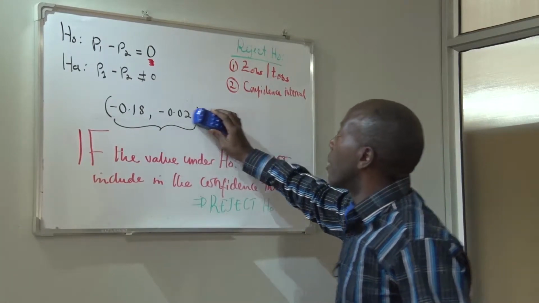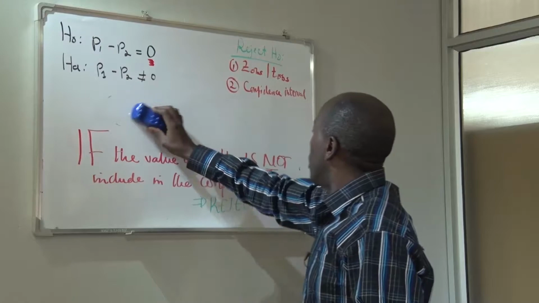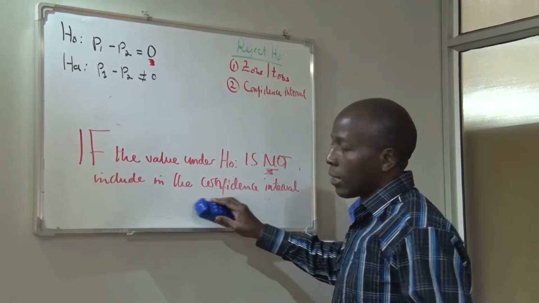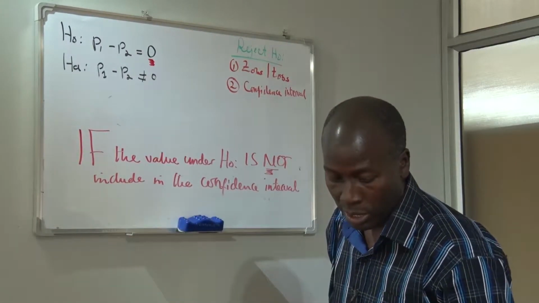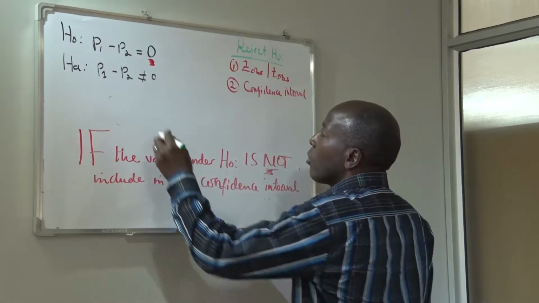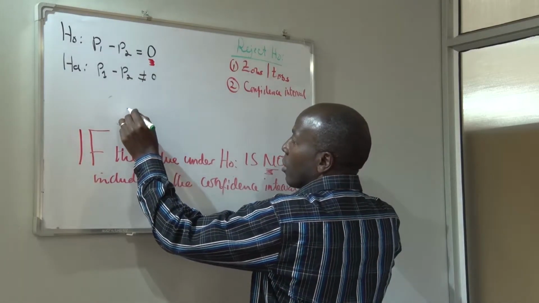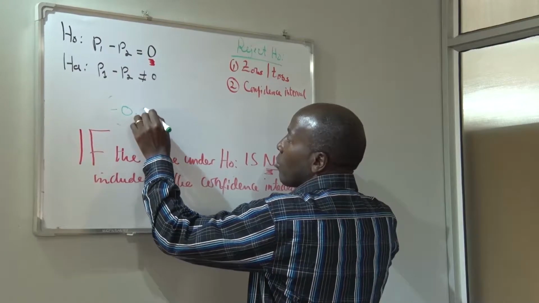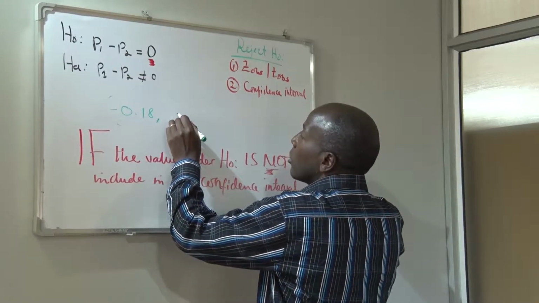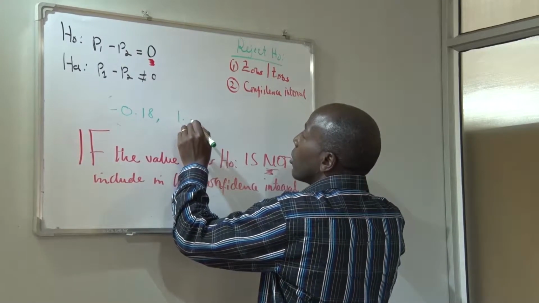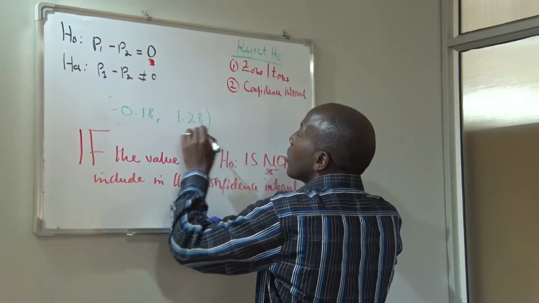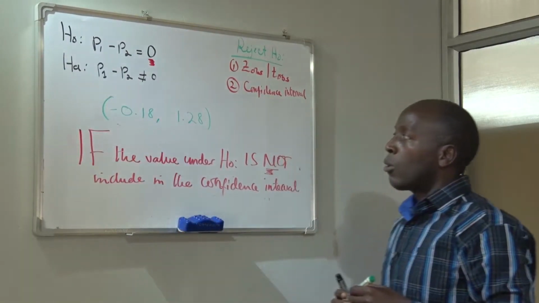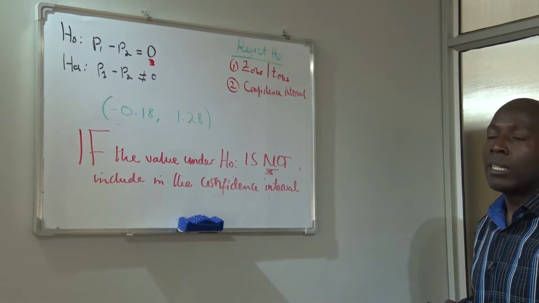And now let me give you another example. Okay, now assuming, this is just an assumption, that we had got these values, minus 1.81 to 1.28. Assuming this was our confidence interval, would we have rejected the null?